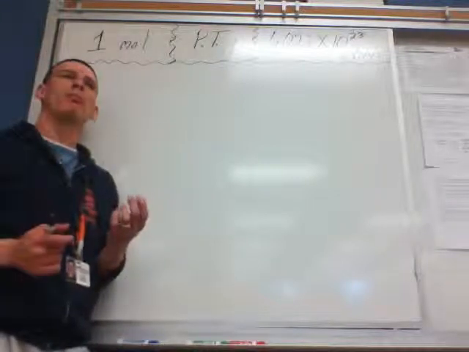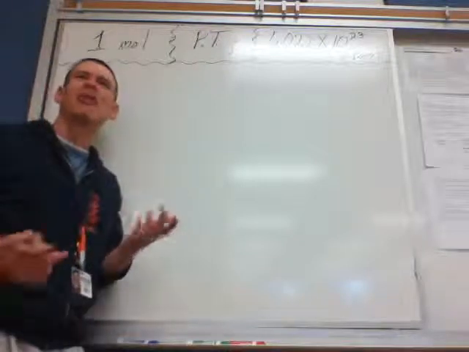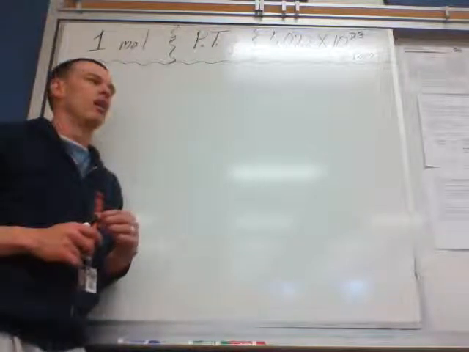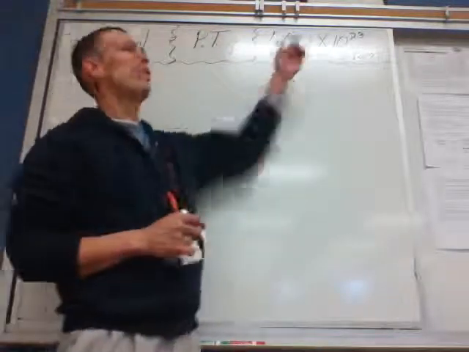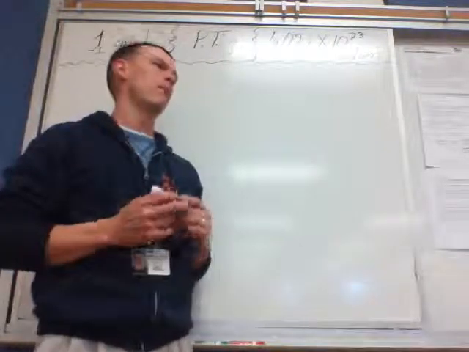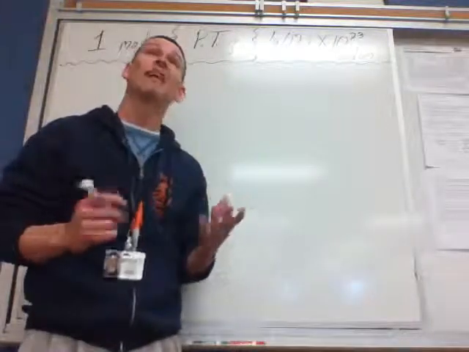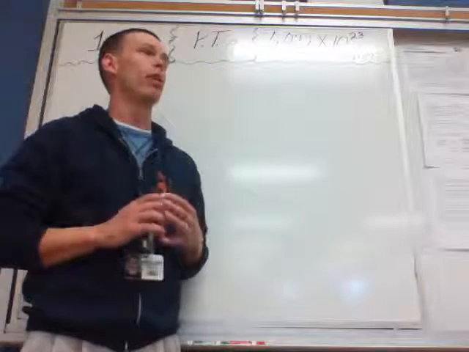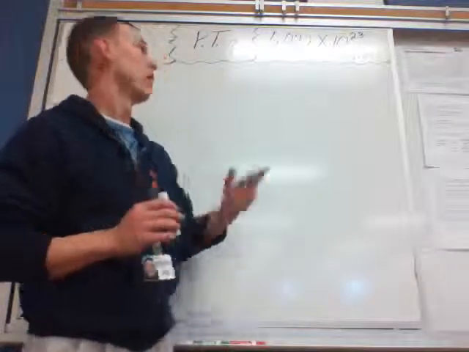This is called Avogadro's number. In middle school, you probably have seen it before. But it's an agreed upon value to represent the amount of atoms in 1 mole of anything. So it's an important number in regard to converting.